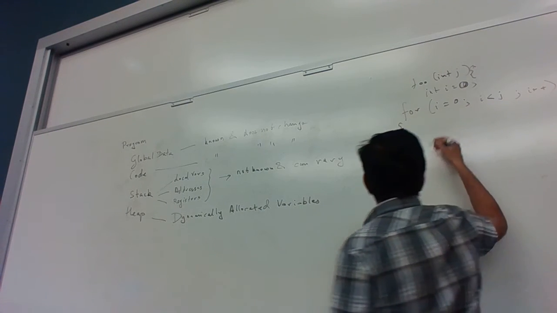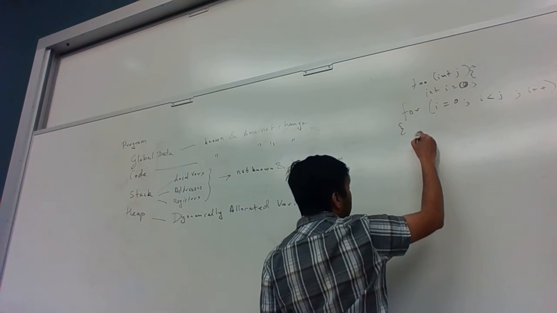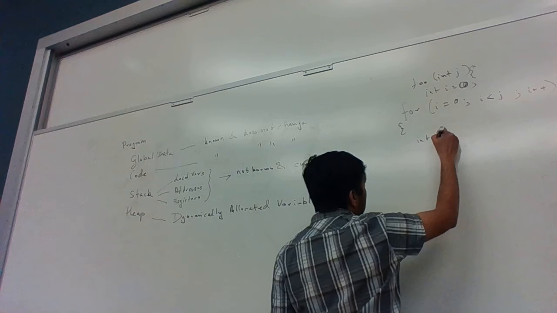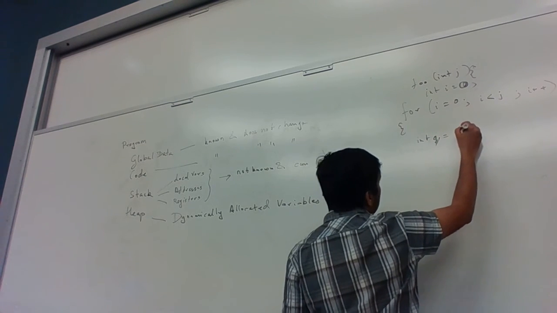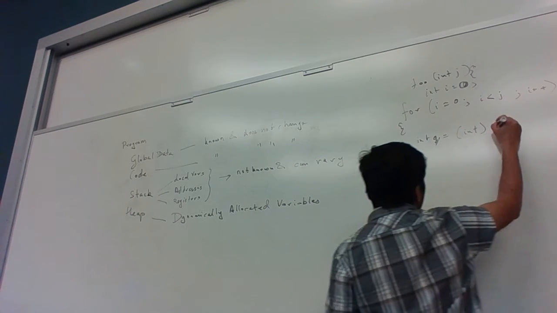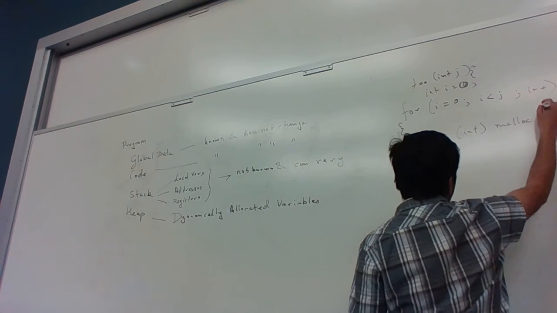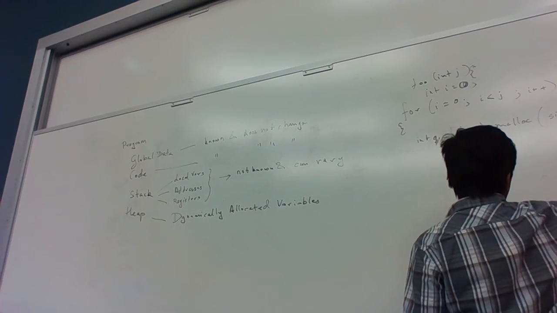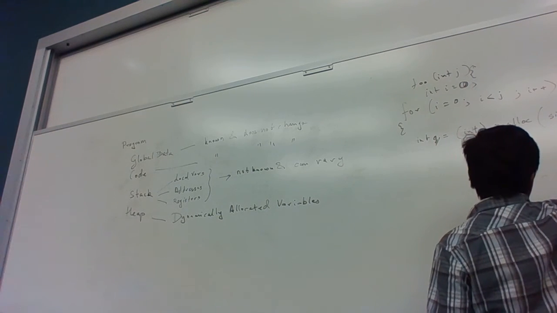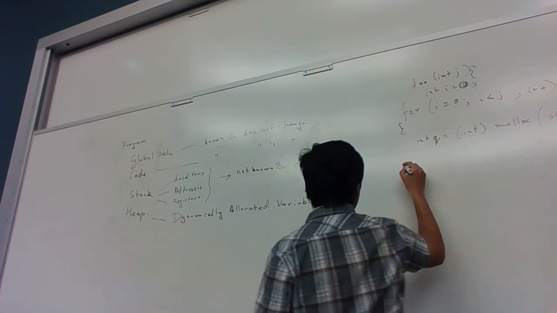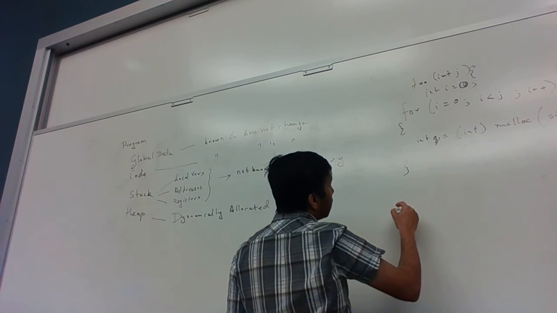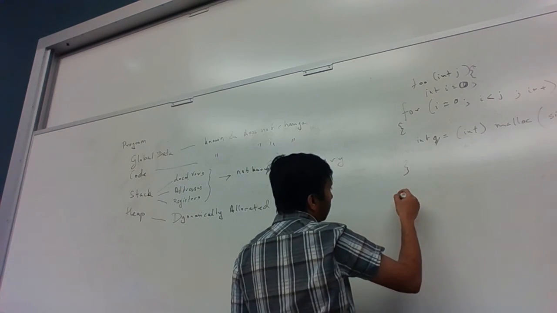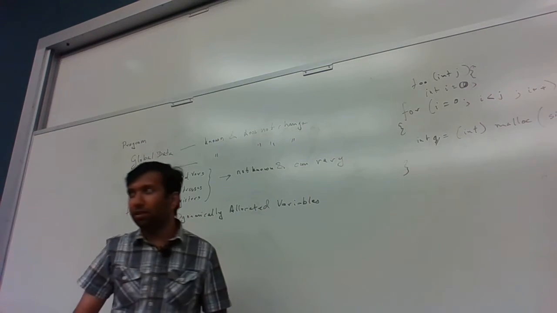So in foo it is doing this, and then it says int *q equals malloc(sizeof(int)), and then finally it may or may not do free, right?